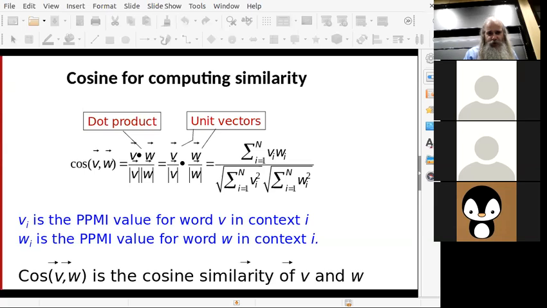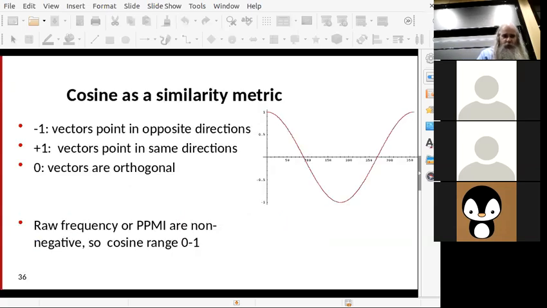So we have the dot product, we have the unit vectors, and what you get out of this is a number on the cosine curve, so it's between +1 and -1. Actually, we don't really care about the things below 0. The things below 0 are really saying they're not like each other at all; they're really far away.